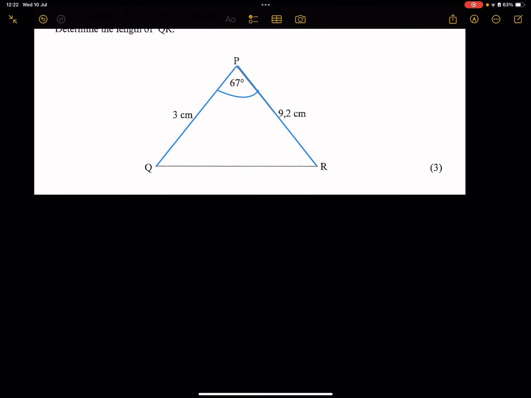So let's do this. This would be QR. Now remember, we always say the side squared is equal to the other two sides. So I'm looking for QR squared.